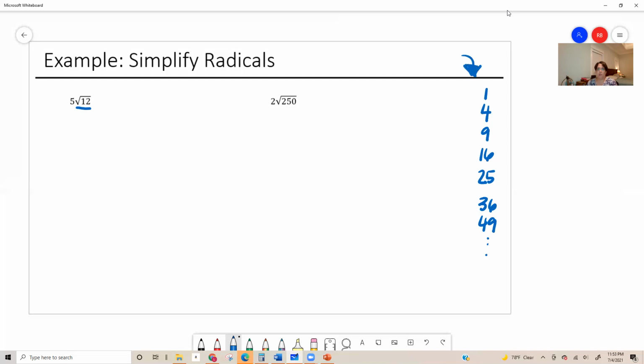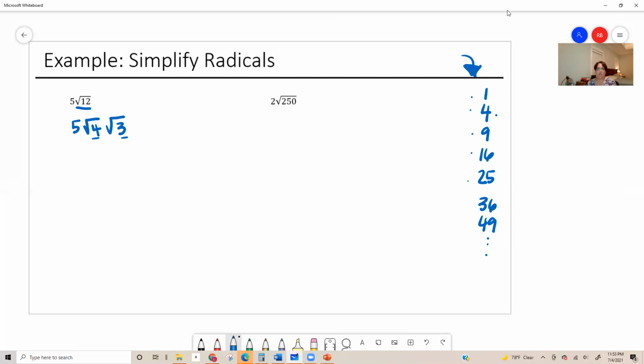So I'm looking for one of these numbers that will divide evenly into 12. And I see that 4 will divide evenly. So I can break this up into 5 times the square root of 4 times the square root of 3. So 4 times 3 is 12.